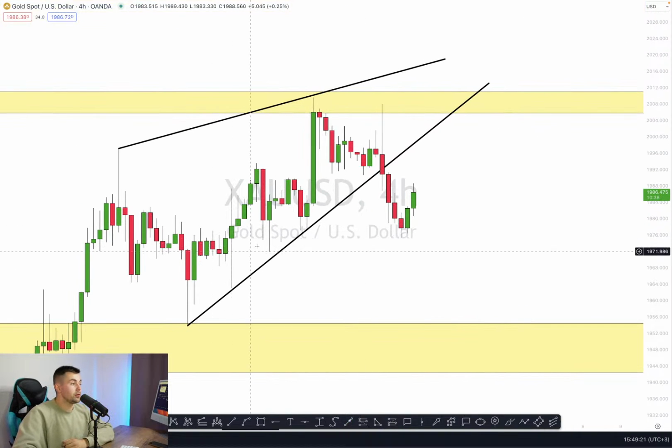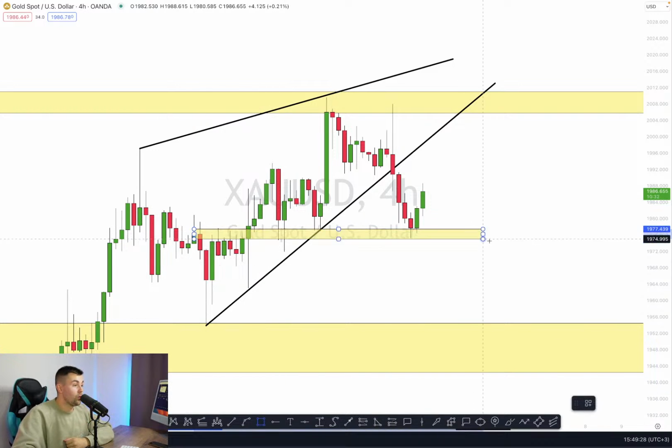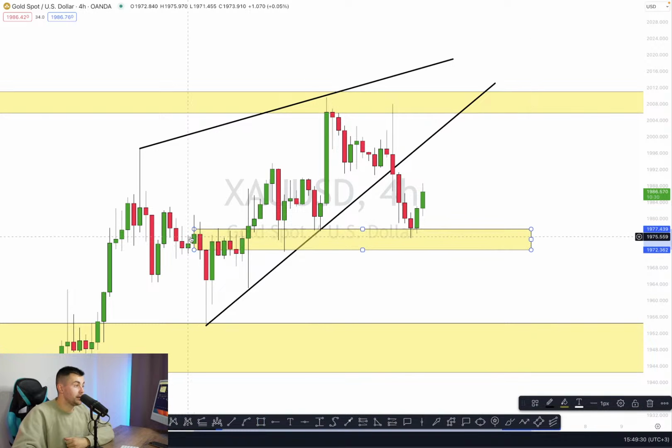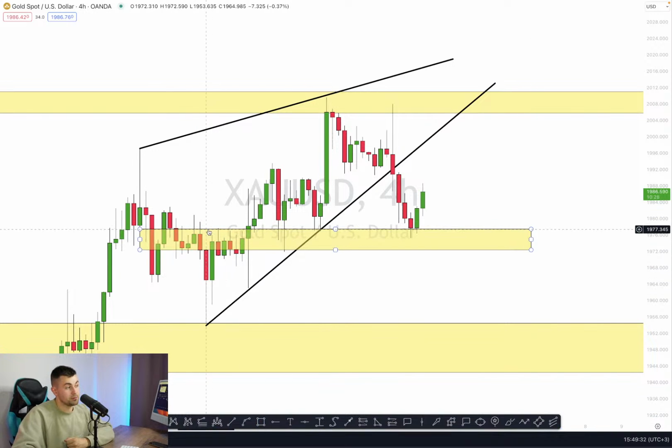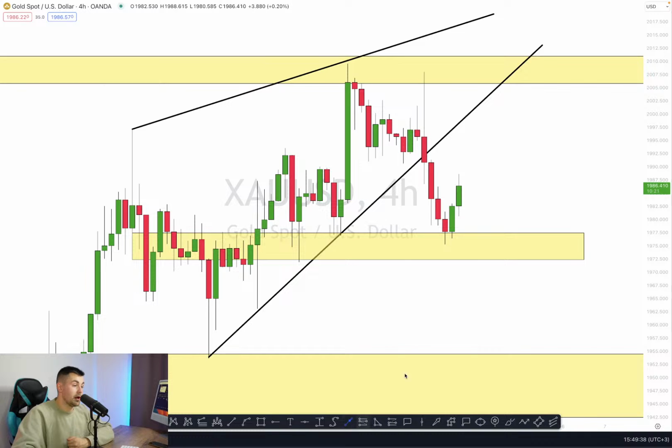Then, if we look left and analyze the intraday structures, we can spot that gold found support, respecting that intraday structure cluster. Here we have a very nice and strong intraday support. After the test of that support, we formed a very nice bullish engulfing candle.